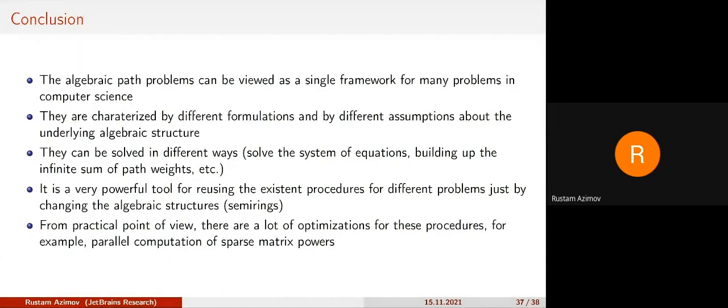We can solve the system of equations. We can work with matrices. We can build up the infinite sum of path weights.